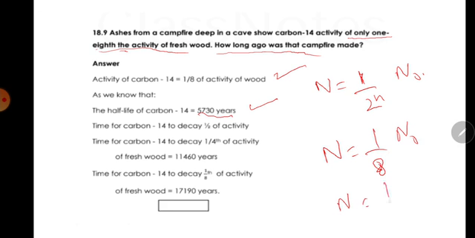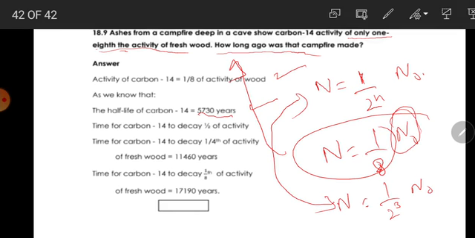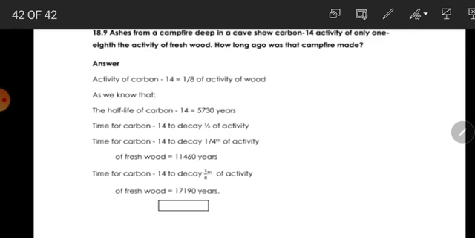So N is equal to 1 divided by 2 power 3, N naught. This is the equation we wrote from this. 1/8 they have considered of original nuclei. So compare this equation with this one. Compare these two equations.